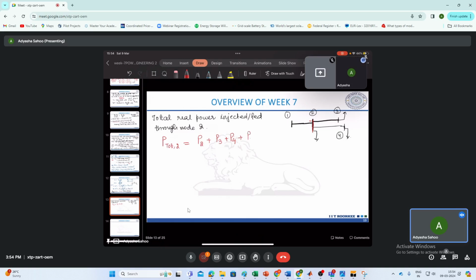So P loss 2 3 plus P loss 2 4. So that is the power injected or fed through node 2. Similarly, the same equation you can write for Q also, for the same node 2. And for node 3 you need only P3, and for node 4 I need P4. Same will be for Qs also.